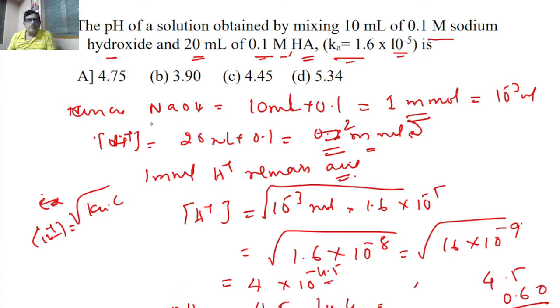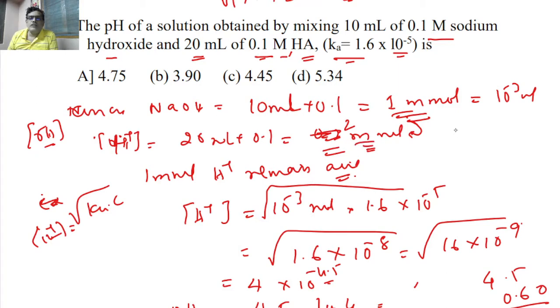So first what I did, I calculated the millimoles of OH minus, that is volume of the solution into molarity. Then you have to calculate the H plus similarly. The OH minus was 1 millimole, and the H plus from the weak acid is 2 millimoles.